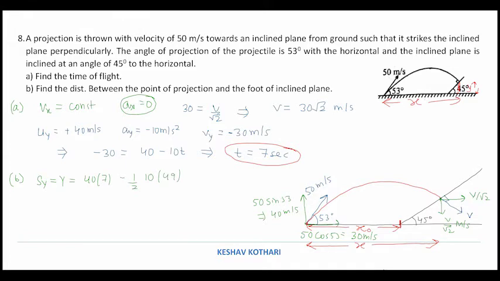So we obtain the value equal to 35 meter. So if we look at this triangle, it is making an angle of 45 degrees. So if this is equal to 35 units, the distance from the base is also going to be 35, because this is a 45 degree angle. So it is an isosceles triangle.